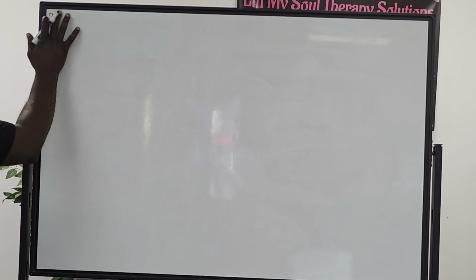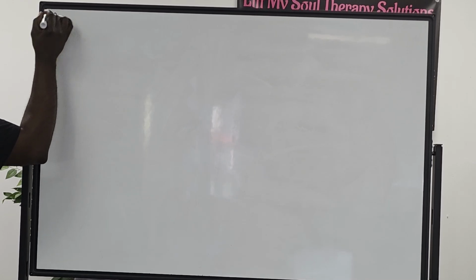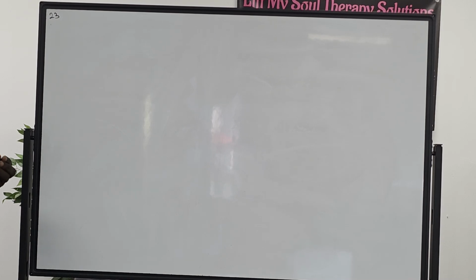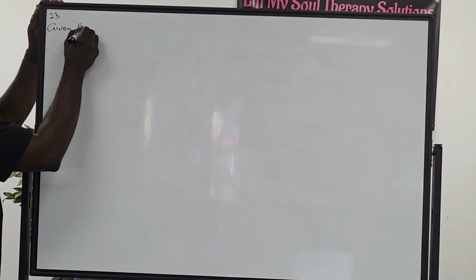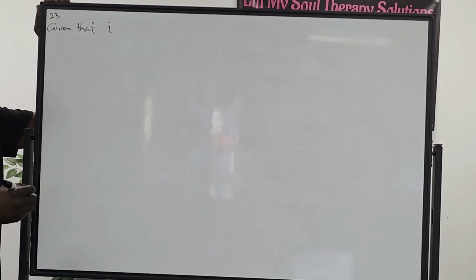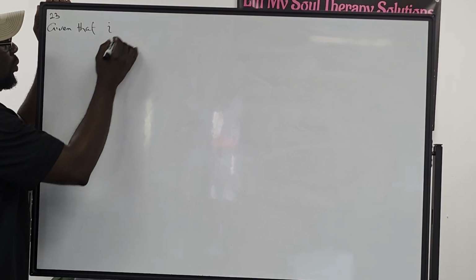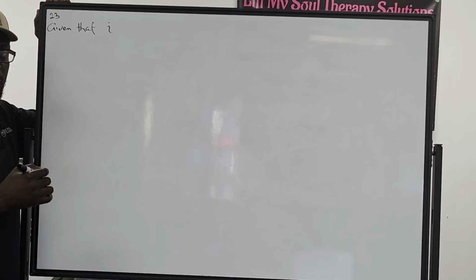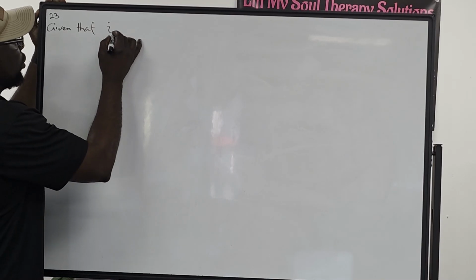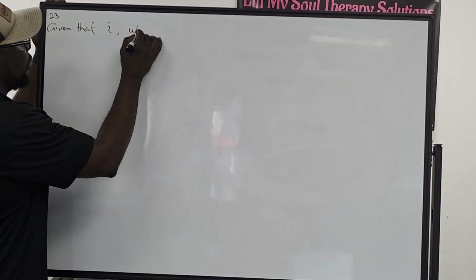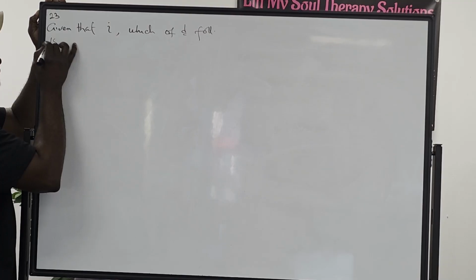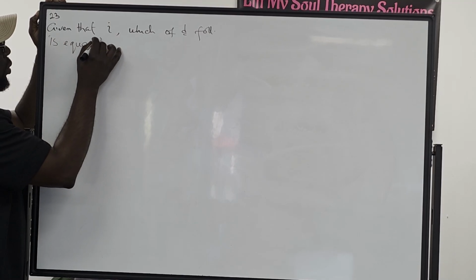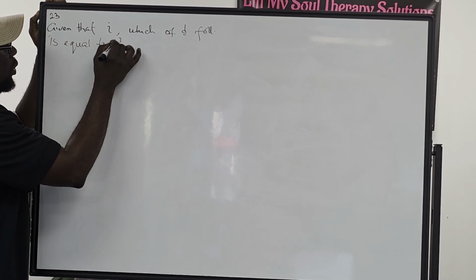Question 23. It says, given that I is the imaginary unit, which of the following is equal to I cubed?